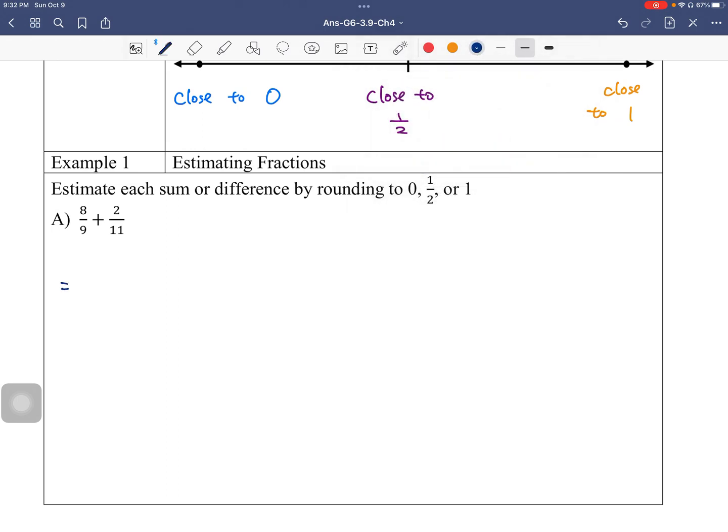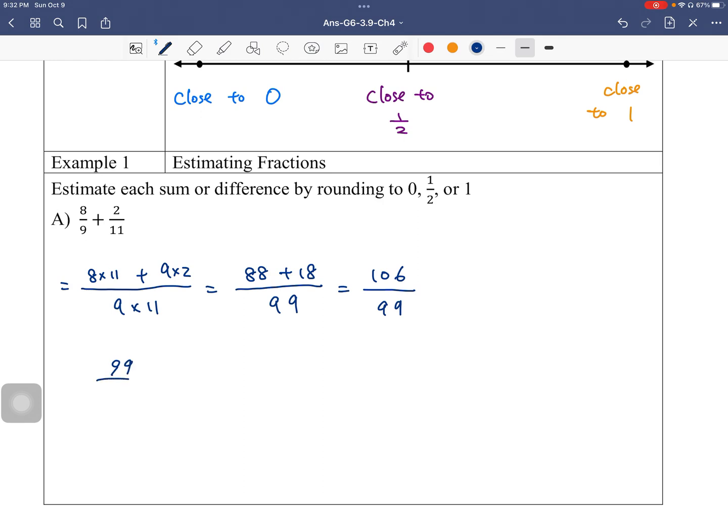Here I have 9 times 11, so 8 times 11 plus 9 times 2. 9 times 11 is 99, and this is 88 plus 18, which is 106. Then I compare 99 divided by 2, which is 49.5. 106 is more than that, so I would say it is about 1. 106 is close to 99, so this is about 1.